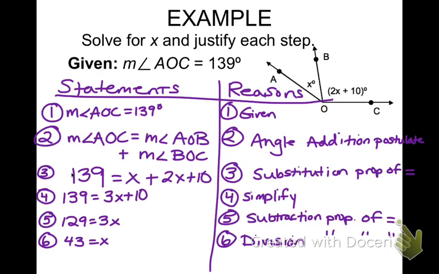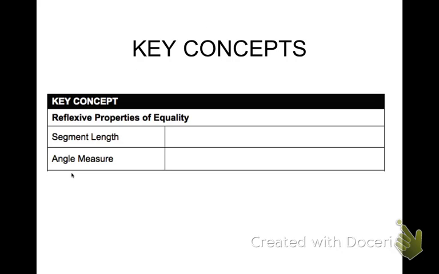All right, so now let's add in a few more properties into our lives. We've got 3 different properties that we need to discuss. They look a little bit different depending on which geometric figure we're talking about, whether it's a segment or an angle measure. So if we talk about reflexive properties of equality, if you look in a mirror, you see your reflection, what do you see?